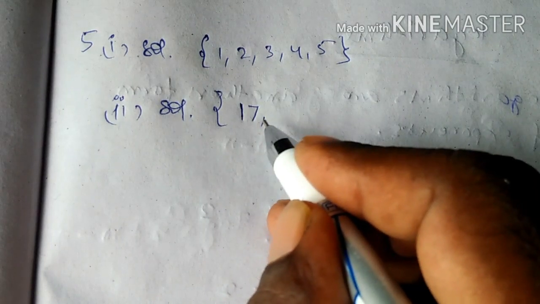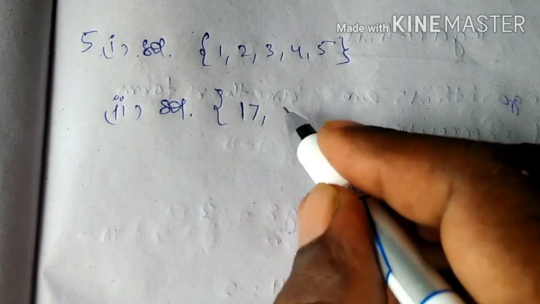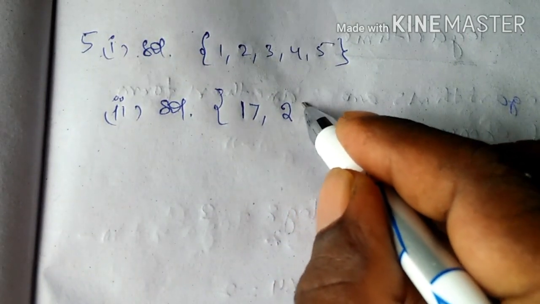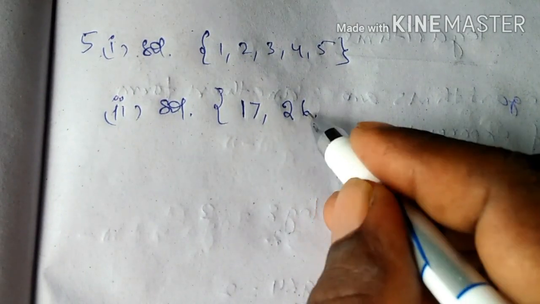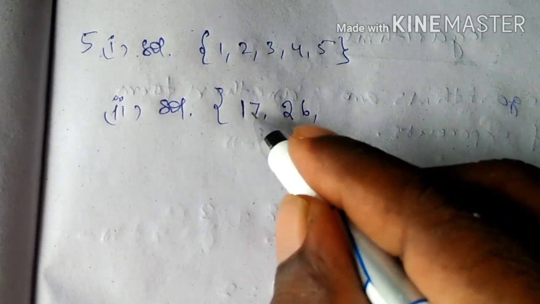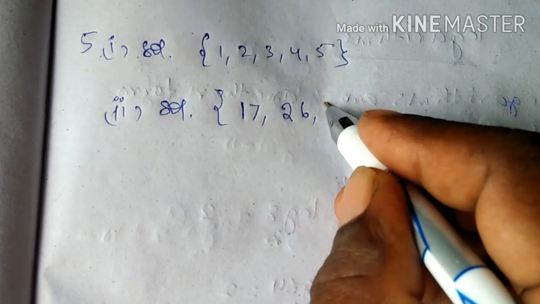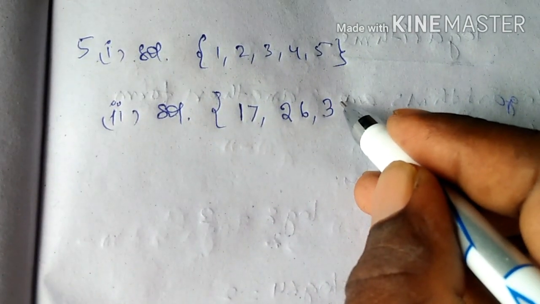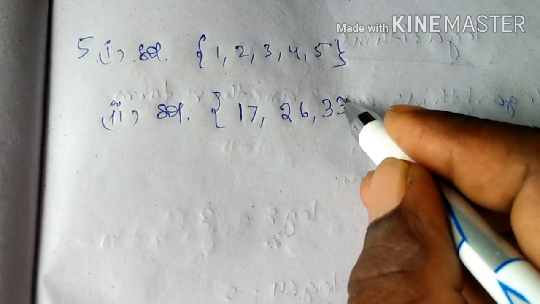Understood? Now there are no more elements with 1 in the 10's place. So next, 2 and 6. If you add 2 plus 6, it is 8. So it is 17, it is 26. Next, 3 in the 10's place. 3 means you have to write 5.